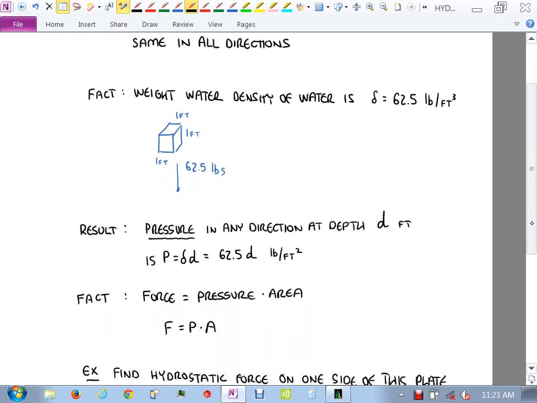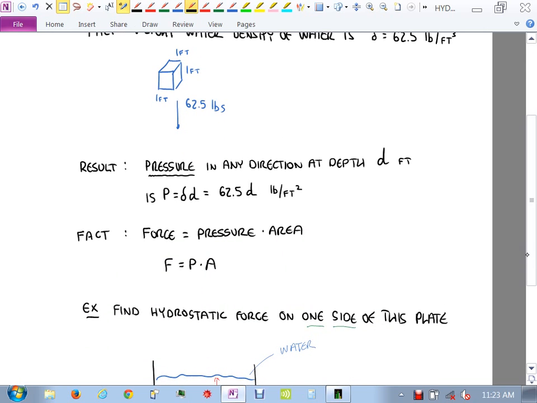All right. A result of this is that the pressure on something in any direction depends on a certain depth. If we're just 1 foot underwater, we don't really feel it on our ears. But if you've ever been down to the bottom of a 10 or 12-foot pool, you start to wonder whether or not you should keep going down there, right?